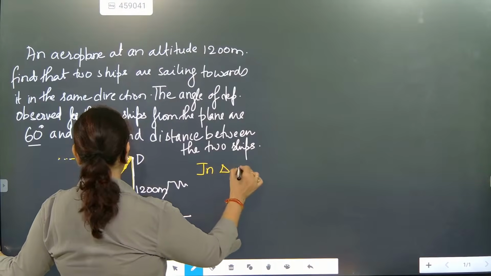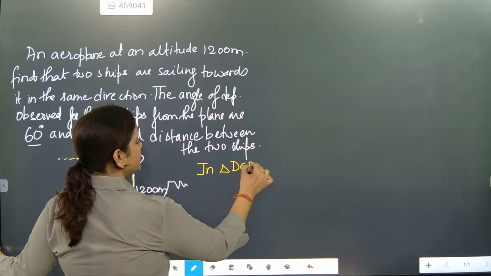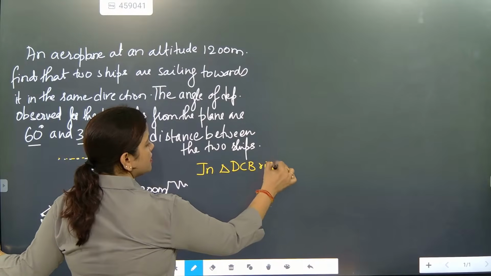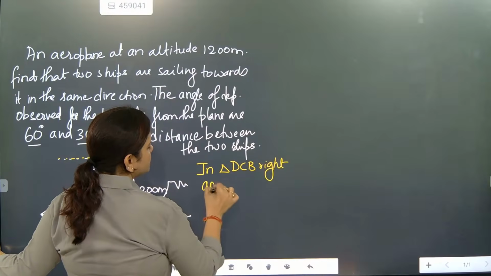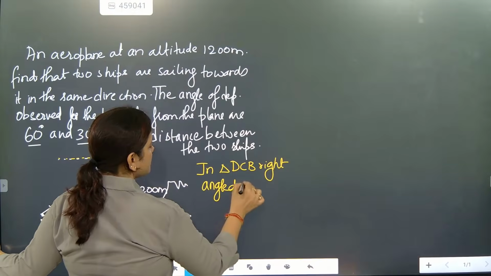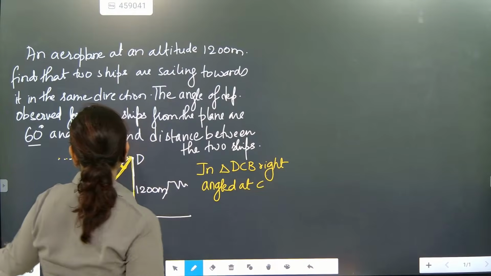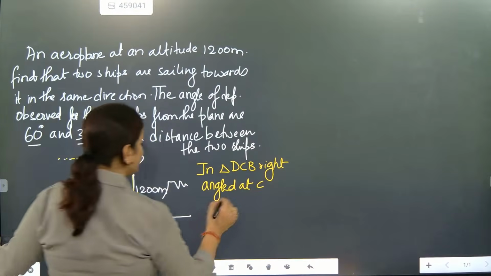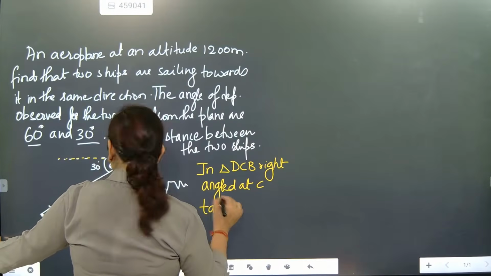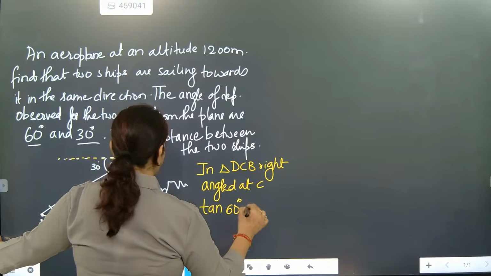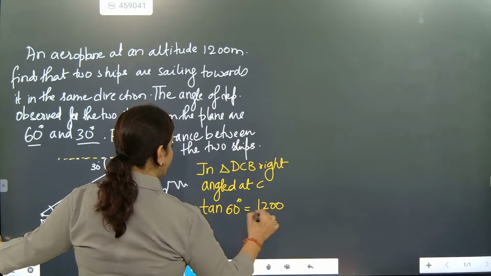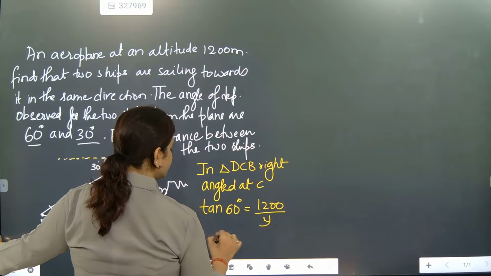So what we will write? In triangle DCB, right angled at C, tan 60 degree is equal to 1200 by y. Tan 60 is root 3.